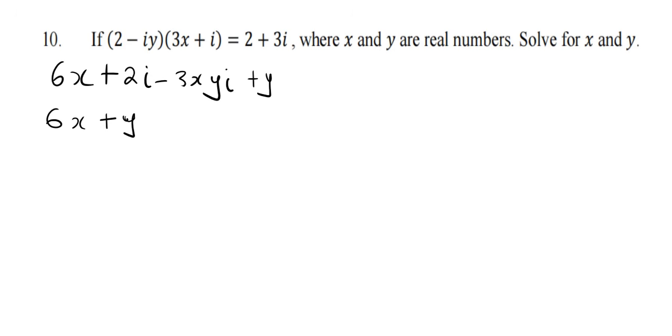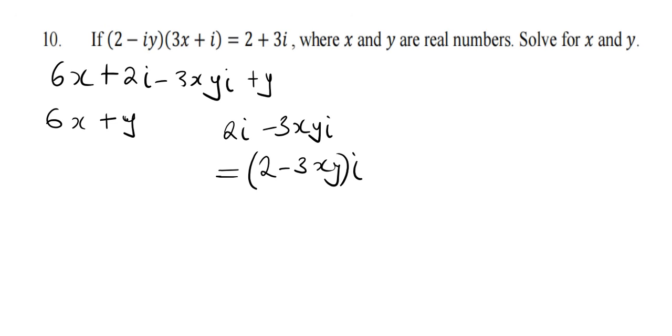Then the imaginary part, we've got 2i, then the other one is negative 3xy, and there's also i in this one. Since the i is common on both, I can factorize, so I'm going to have 2 minus 3xy, then I put the i outside. So basically that: this is the real part, this is the imaginary part.